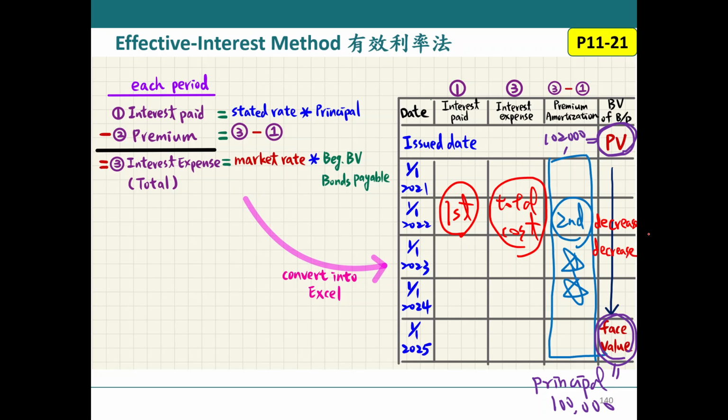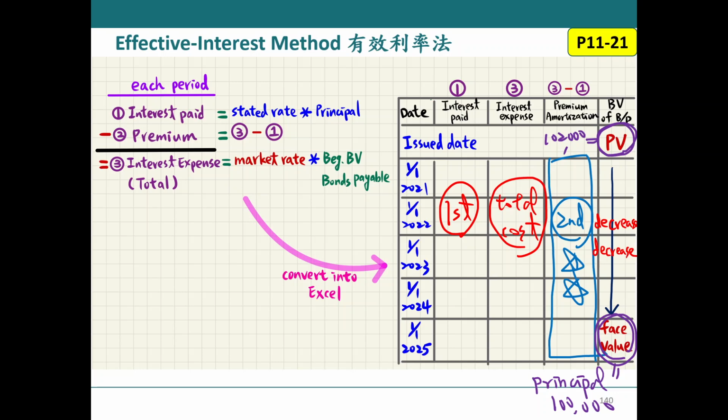Okay, but why does the liability decrease over the period? From the first day, $102,000, to the last day, only $100,000. So your liability should be decreasing over the period. But why is that?